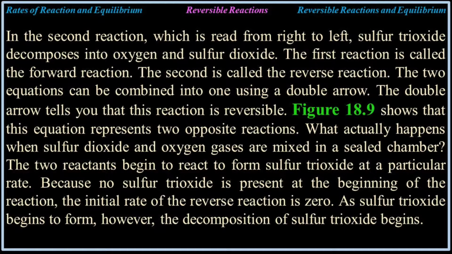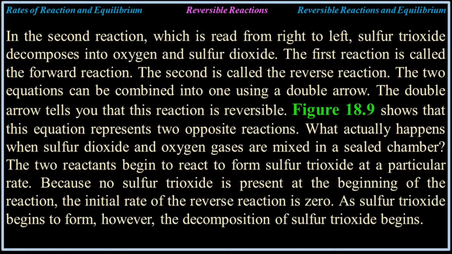The first reaction is called the forward reaction. The second is called the reverse reaction. The 2 equations can be combined into one using a double arrow. The double arrow tells you that this reaction is reversible. Figure 18.9 shows that this equation represents 2 opposite reactions.